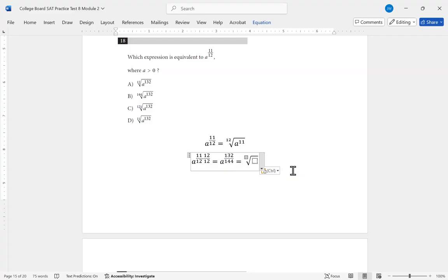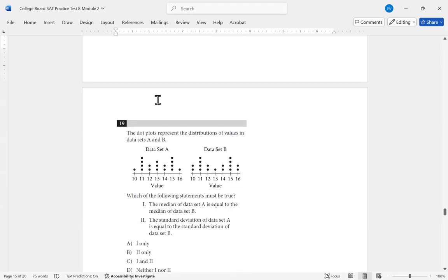And that means we're taking the 144th root of A raised to the 132nd power. And so that would be equivalent to our A to the 11 over 12. Now I look at that, and that is option B. So the answer to question 18 is option B, the 144th root of A raised to the 132nd power. So B is the answer to question 18.